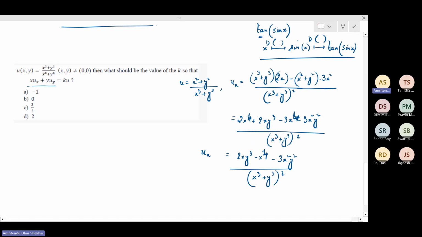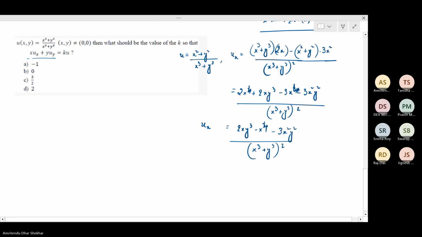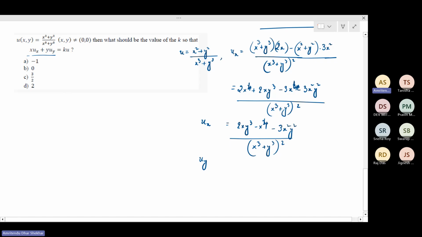And likewise, you are supposed to compute uy. Because everything is symmetric, you can just interchange x and y and get uy to be equal to 2x cubed y minus y to the power 4 minus 3x squared y squared, divided by x cubed plus y cubed.